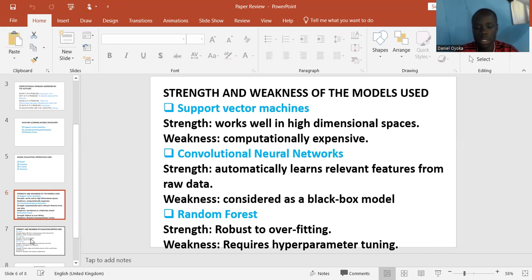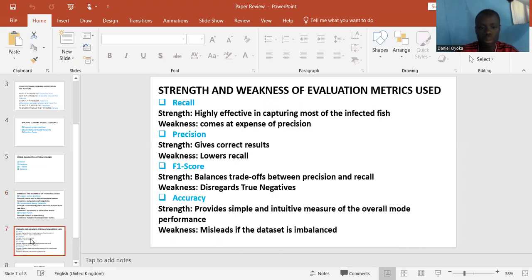Well, now the strengths and weaknesses of the evaluation metrics used in the paper. For recall, its strength is that a higher recall is effective in capturing most of the infected fish, giving exactly the number of fish that were infected.